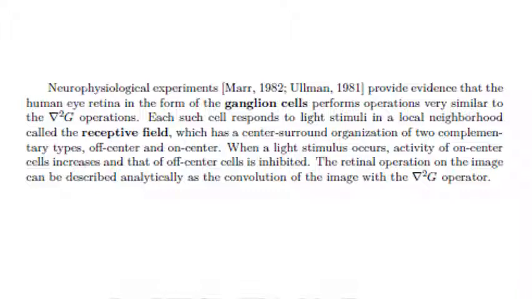I told you that you can find the convolution of G with f and then find the Laplacian, or find the Laplacian of G and then do the convolution, whichever. So our retina responds better to that operation, where we find the LoG operation.